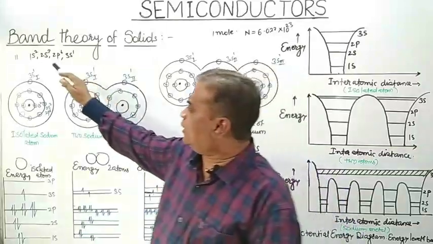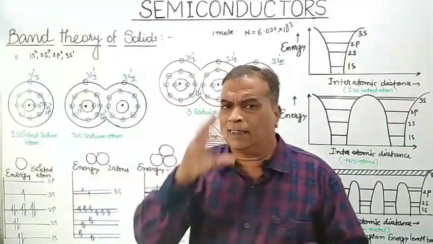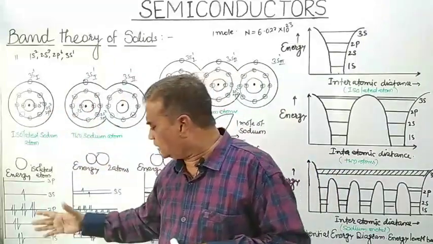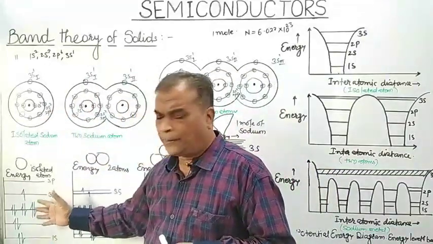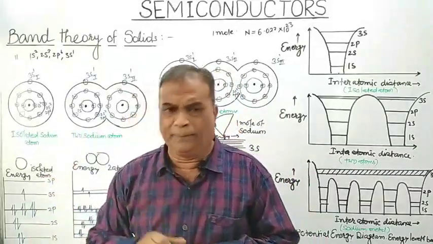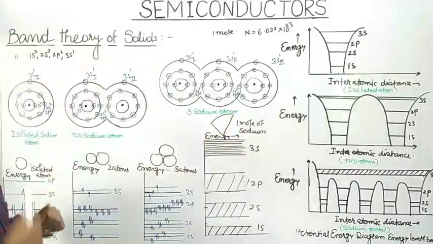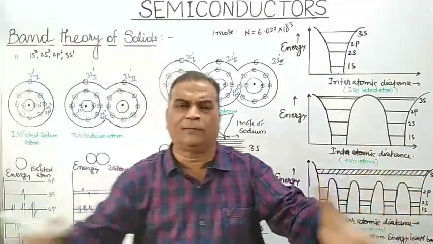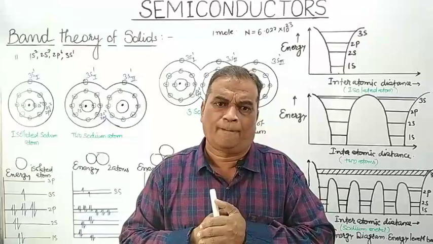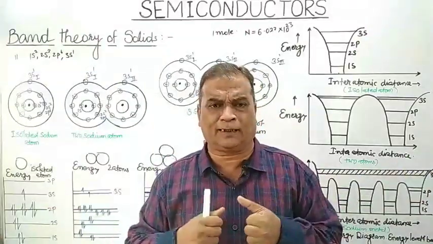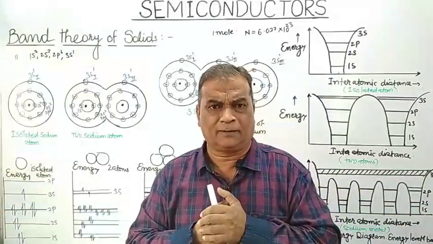So in an isolated sodium atom there are 11 electrons, and these 11 electrons will occupy the different energy levels as shown in this diagram. Remember that during the formation of a solid, when solid sodium is to be formed, a large number of atoms are packed together, they come very close to each other.